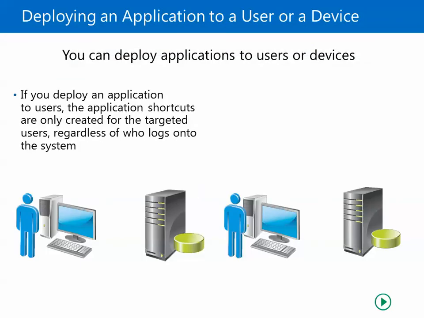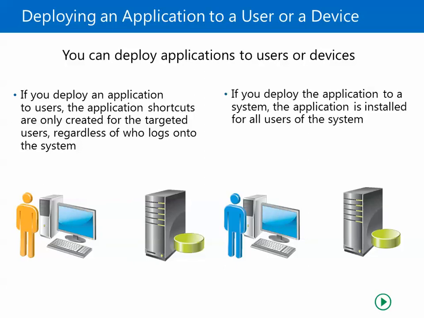If you deploy an application to users, the application shortcuts are only created for the targeted user regardless of who logs on to the system. If any other user comes, that application is not available. If you deploy the application to a system, the application is installed for all the users of the system.